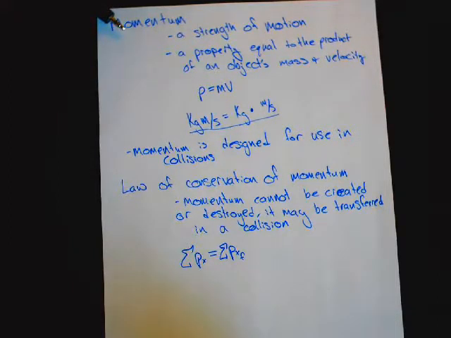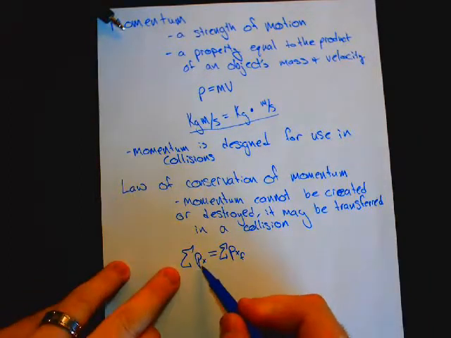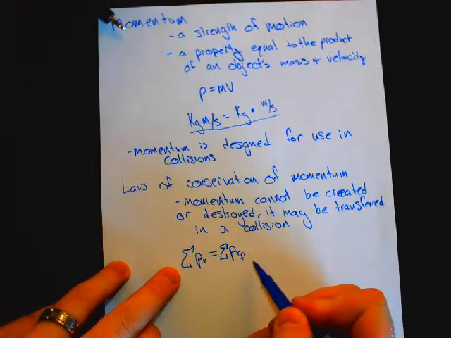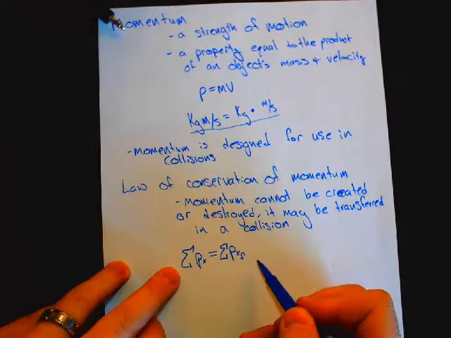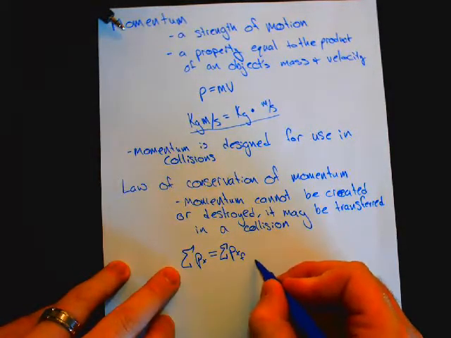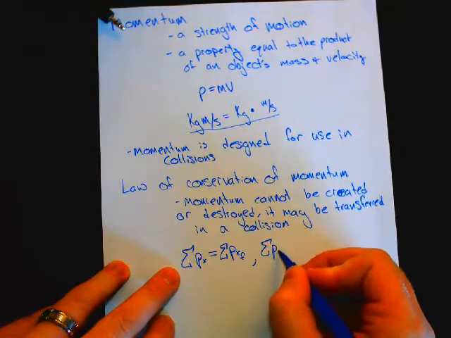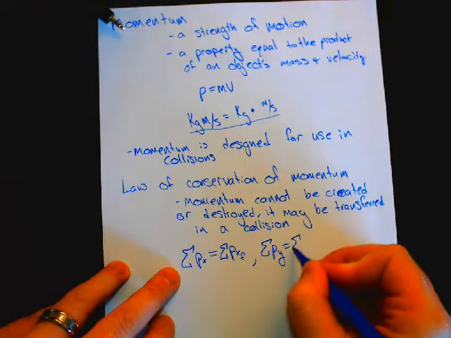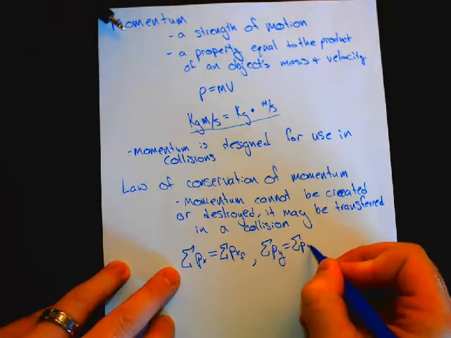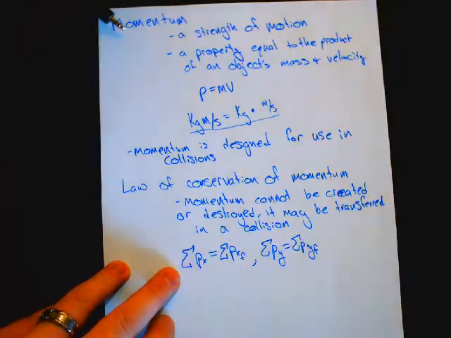However, momentum is not a scalar unit. Momentum is a vector unit, meaning that each dimension is conserved individually. So the sum of the momentums in the x direction is equal to the sum of the momentums in the x direction in the final situation, and at the same time the sum of the momentums in the y dimension equals the sum in the y dimension finally, and z as well.